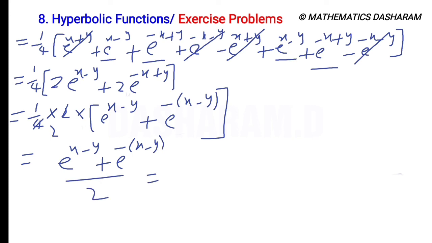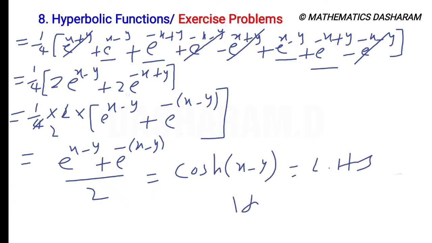So it is equal to cosh(x-y), which is the LHS. So hence proved.